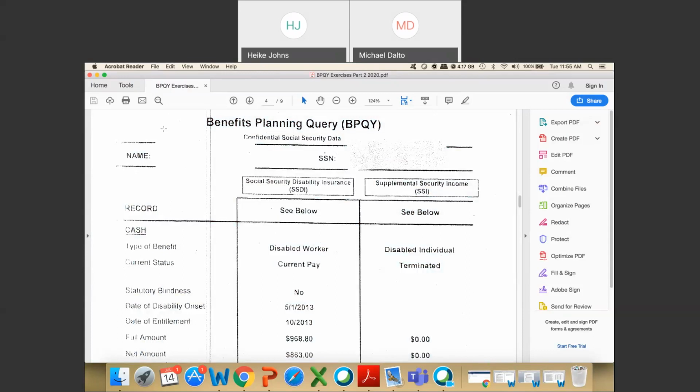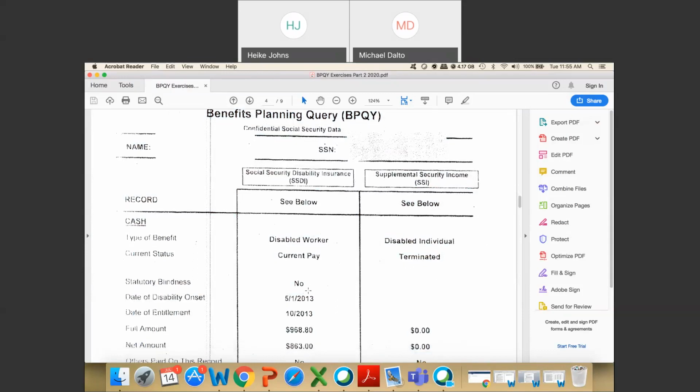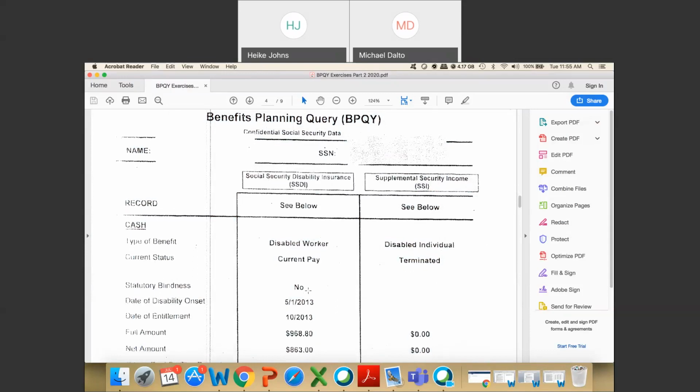All right, so for the second BPQY, one shown on the screen now with a full amount of SSDI of $968.80.